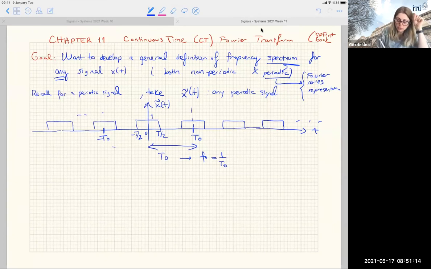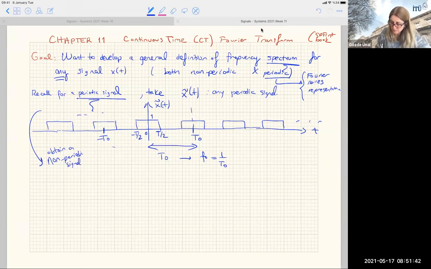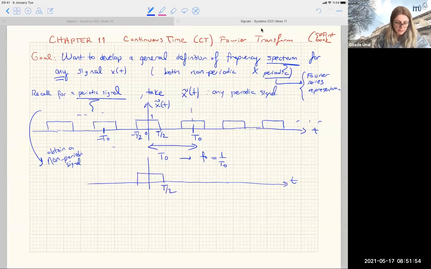So now this is periodic, okay? We'll obtain a non-periodic version of this by taking T0 to the limit, to infinity. So push all these replicas to infinity. I'll just take the main lobe in the middle, so it's going to be really just this, from minus T/2 to T/2.